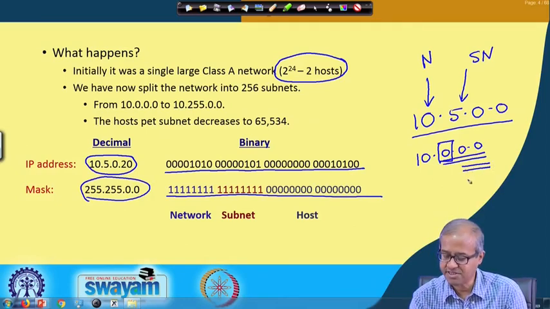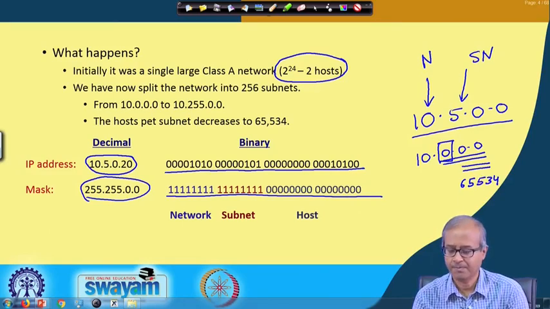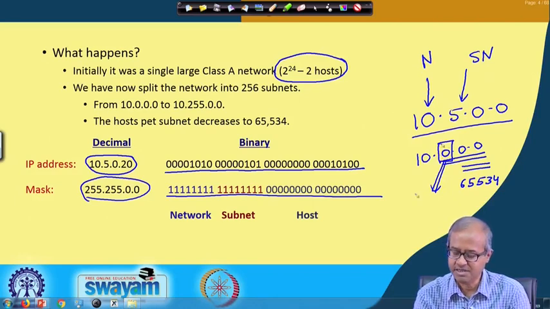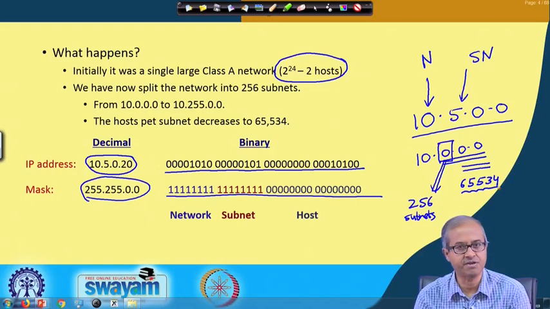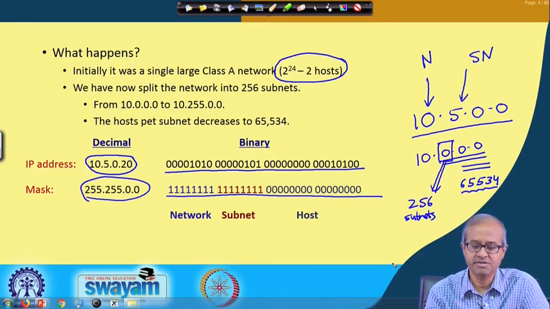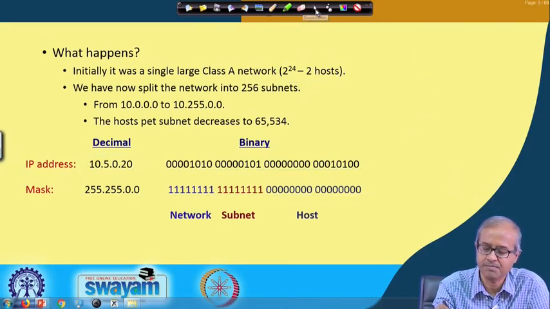In the last 16 bits, how many hosts can be there? 65534, 2 to the power 16 minus 2. And because this can have 256 combinations, you can have up to 256 subnets, and each of the subnets will be having up to 65534 hosts. Okay. This is how subnetworking works.